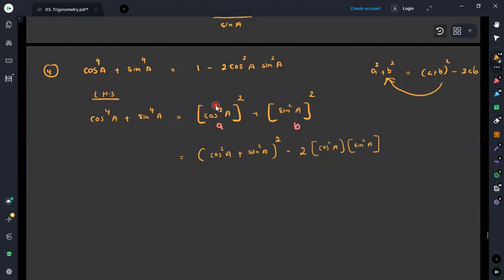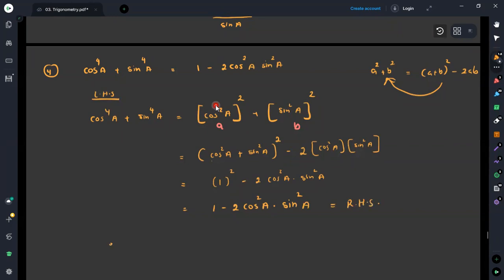Now, instead of cosine squared A plus sine squared A, the Pythagorean identity is used here, and we take that quantity as 1. Then its square is considered, minus 2 times cosine squared A times sine squared A. Therefore, 1 squared gives 1 minus 2 times cosine squared A times sine squared A, which is equal to the right hand side of the equation.